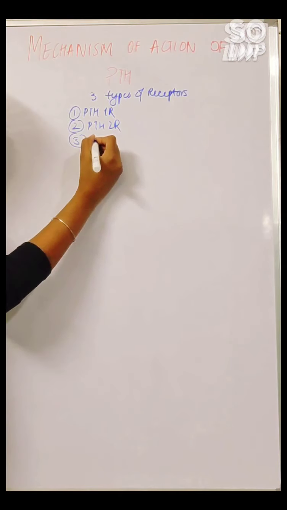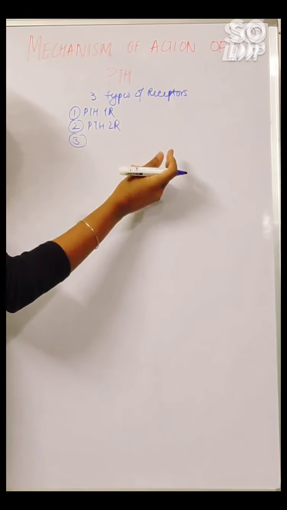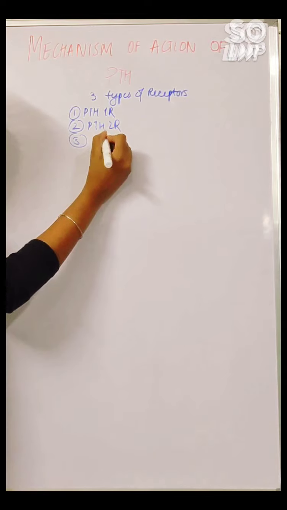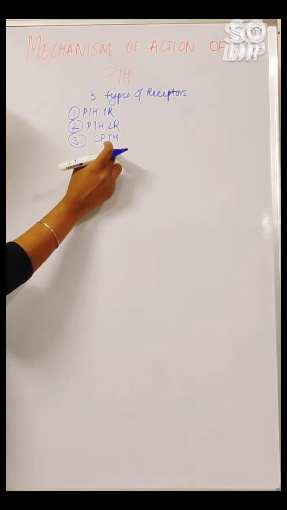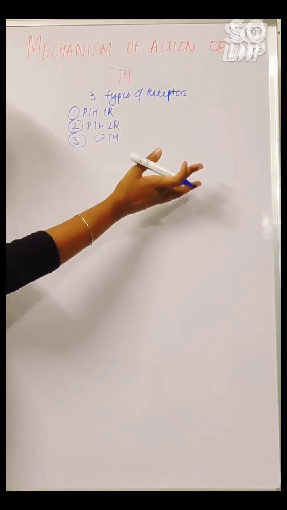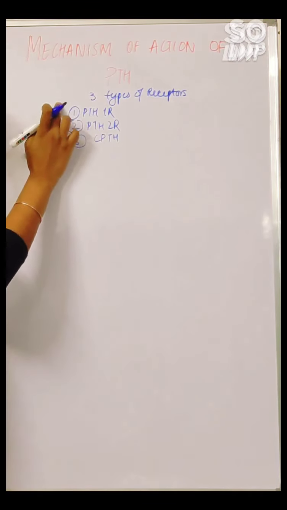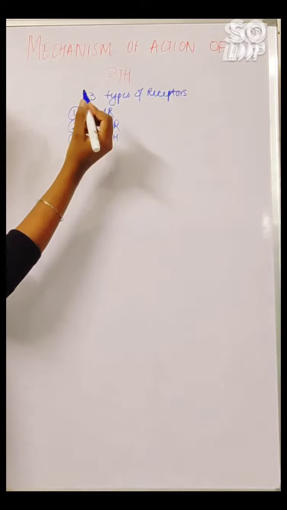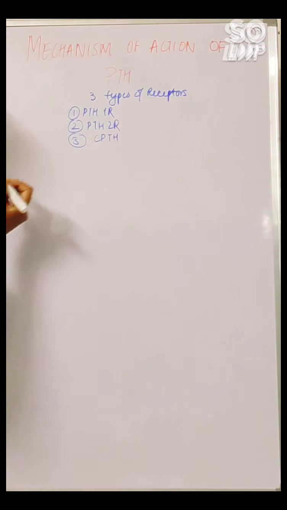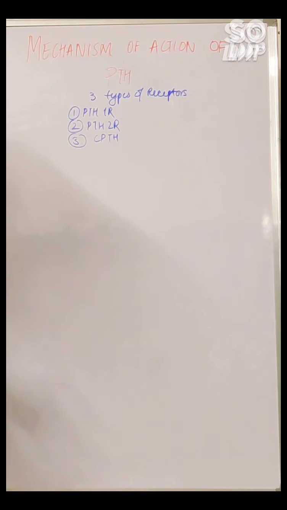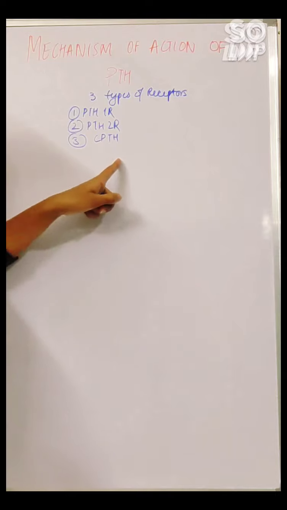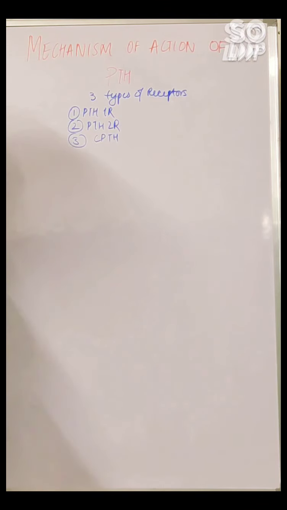The third one is called the type 3 receptor, also called the CPTH, the carboxy terminal of PTH. The type 1 receptor is called the parathyroid hormone 1 receptor, the type 2 receptor is called the parathyroid hormone 2 receptor, and the third one is the carboxy terminal of PTH.